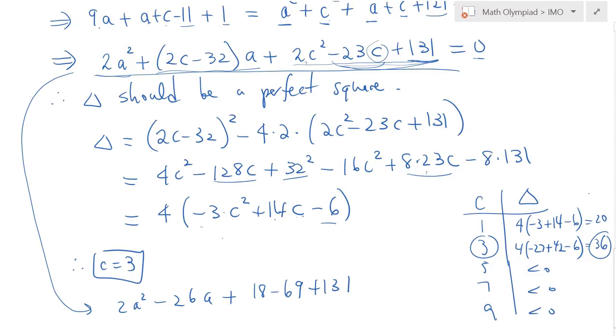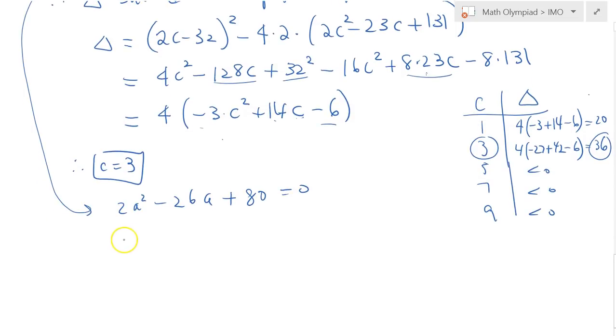What is this equal to? Oh, okay. So this one is just 62 plus 18 is 80. That's it. So that's just an 80 here. So that's an 80 equal to 0.